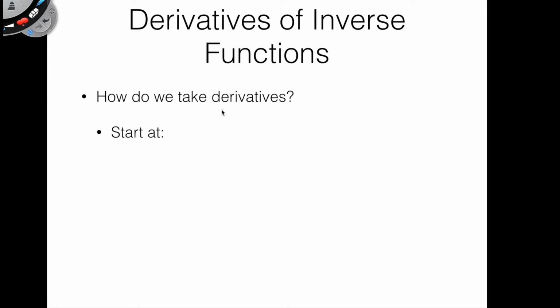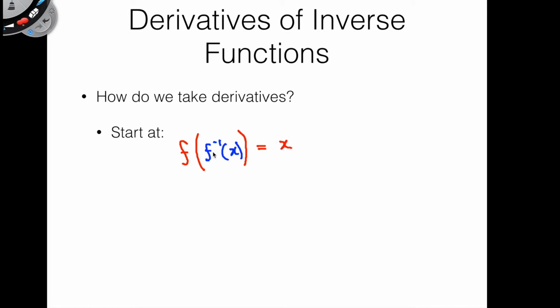All right. So how do we take derivatives of inverse functions though? Because we don't have any real formula to work with. So here's where we start. We start at this key relationship: f of f negative 1 of x, where f negative 1 of x is basically just the inverse function, by the way, will equal x, right?